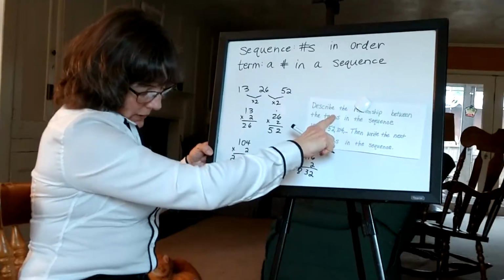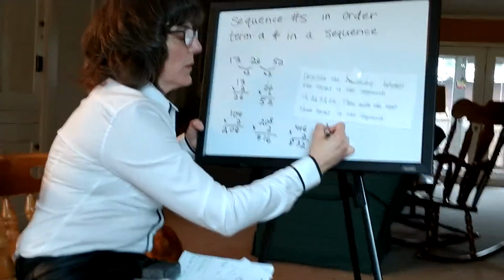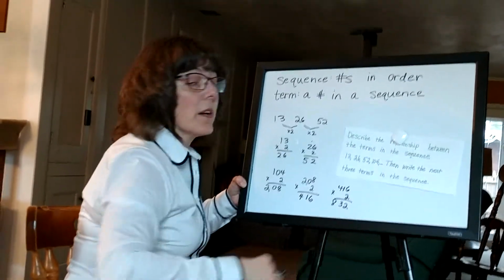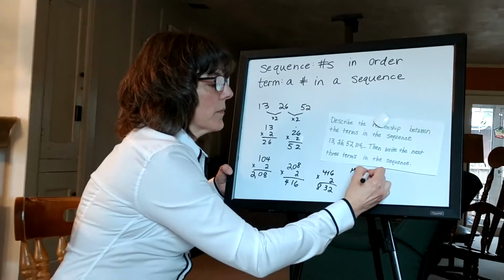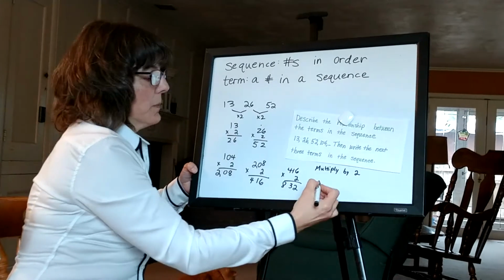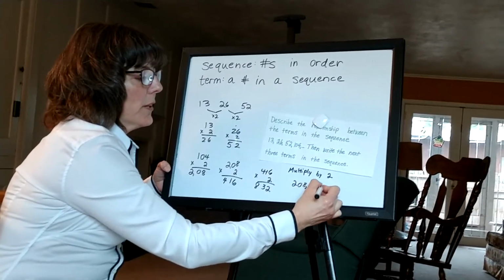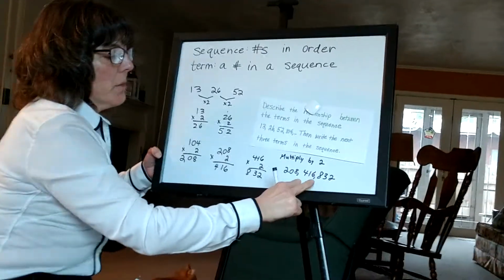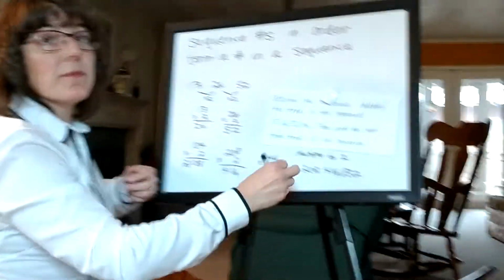So to describe the relationship between the terms in the sequence, we would say, not add, multiply by 2. And then the next 3 terms are 208, 416, and 832. Make sure to put commas in between the terms in the sequence.